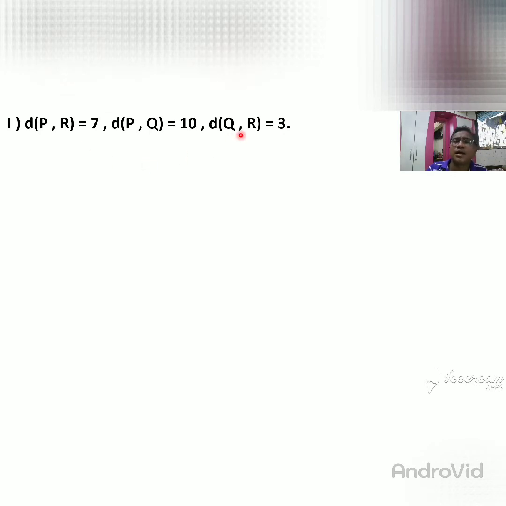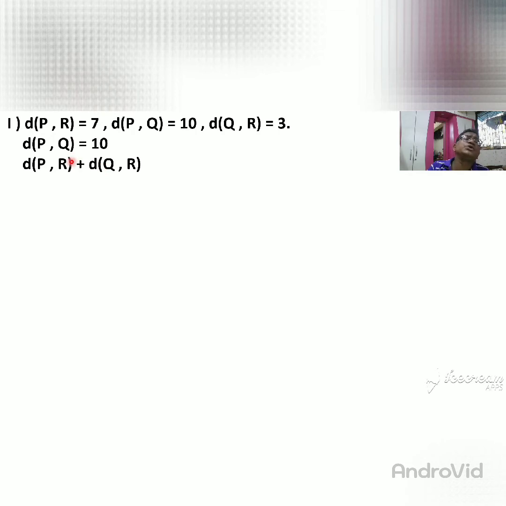Distance P comma R plus distance Q comma R. If the sum of this 7 and 3 is equal to 10, which is the distance PQ, then we can say the point R is between P and Q. So see, distance PQ is equal to 10. Which are the smaller distances that remain? Distance PR plus the other smaller distance, distance QR. So distance PR here is written 7.